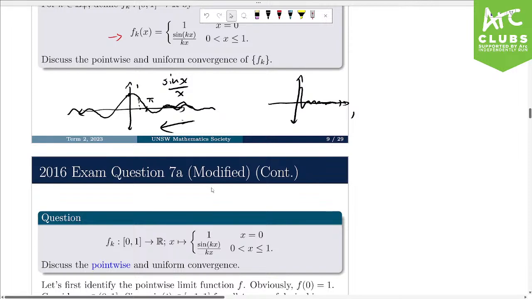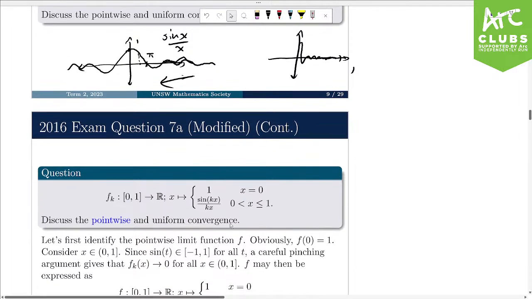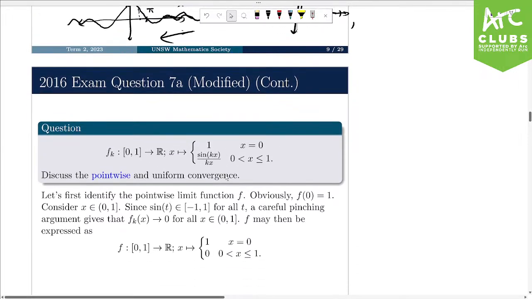So let's talk about pointwise convergence first. So at 0, the limit has to be 1 because all of these f_k of 0 is 1. And now for values not including 0, we can use a pinching argument to show that it converges to 0.